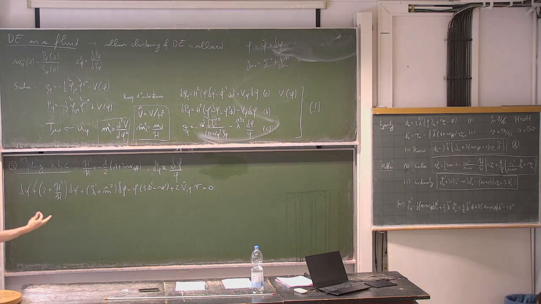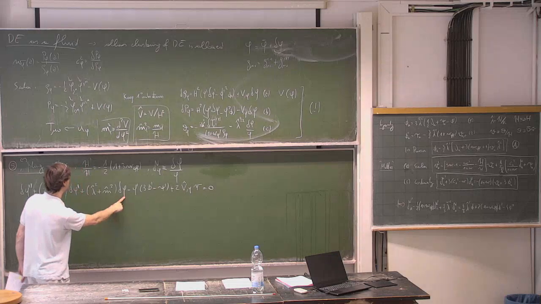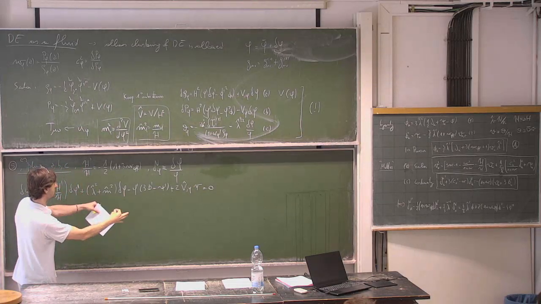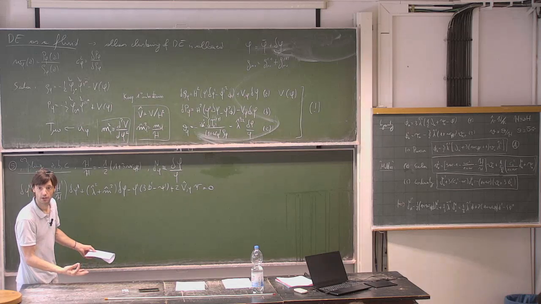Okay, as usual, you see, we have the double derivative of the perturbation field, the first derivative of the perturbation field, and then the perturbation field. And as you see, this is just what? This is an oscillatory expression, okay?